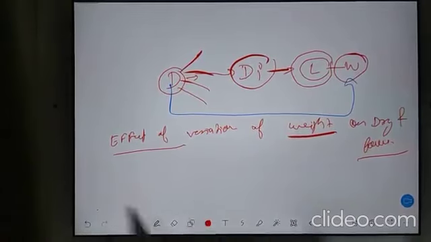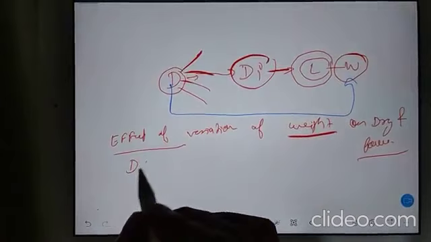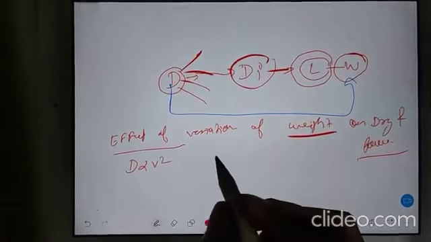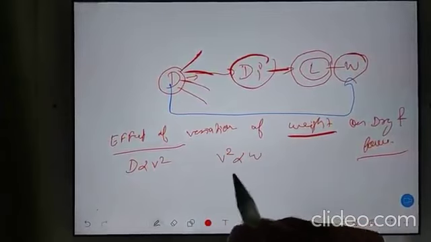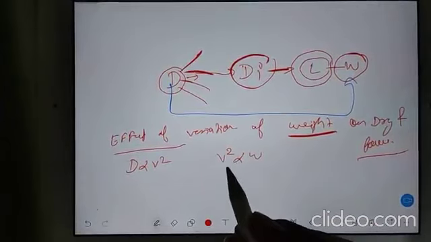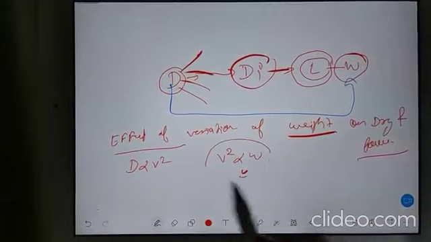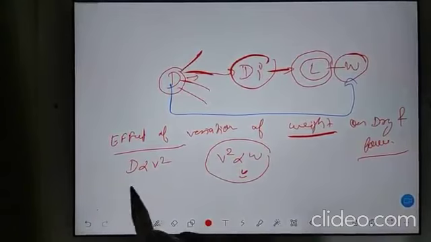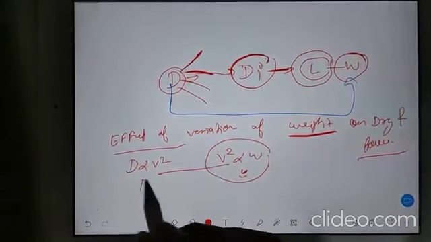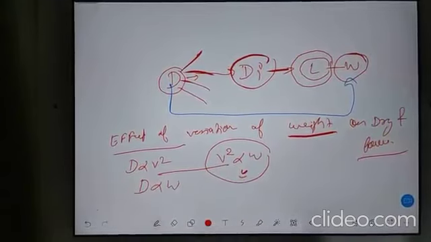Your drag is proportional to V square, and your V square is proportional to W. So from here, can you guess? You can see the direct relation. Drag is actually proportional to weight.